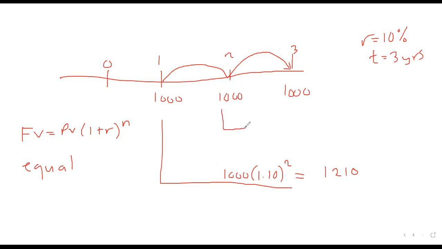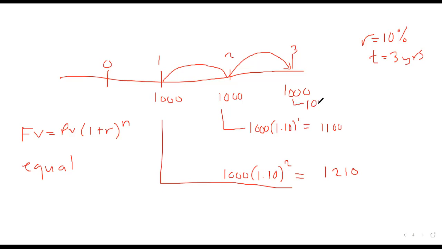This amount, to reach year 3, it will stay how many years? 1 year. So 1,000 times 1.10 to the power 1 will give you 1,100. This one here remains as it is.